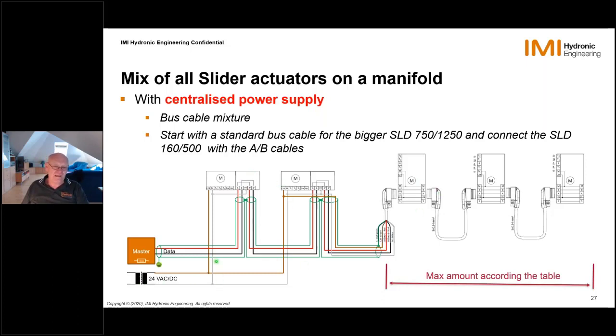But in the beginning, we can feed in the power supply with a thicker wire, and then we start with the A cable from the second actuator with the 0.34 square millimeter cross section. And normally it's not so common to have 16 or 17 actuators on one manifold.